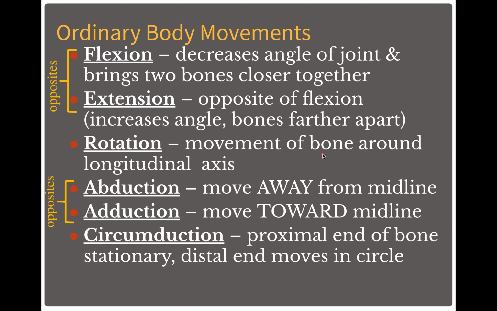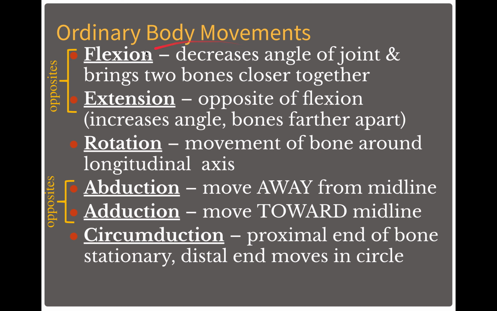Okay, so in terms of body movements, we like to classify them into a category called ordinary, and it's not really ordinary. I just like to think of it as more simple body motions that can be used as a term for multiple bone points in your body.